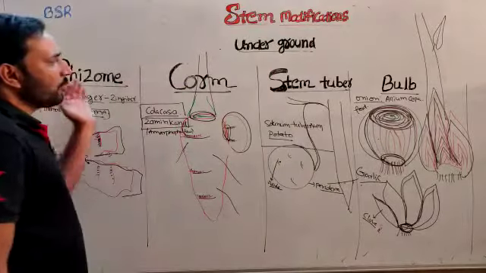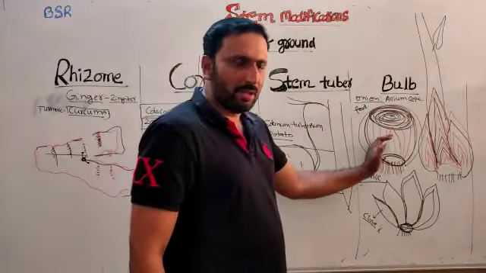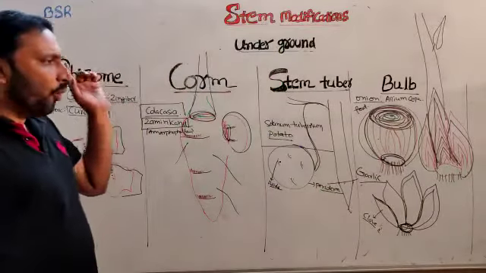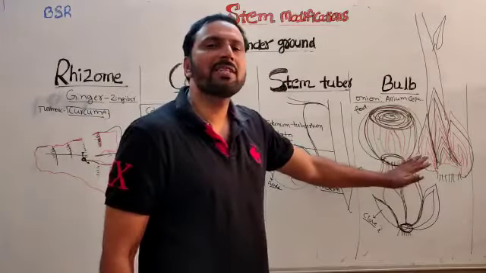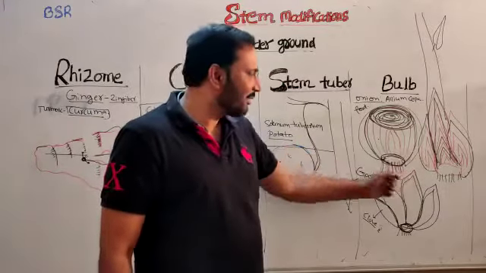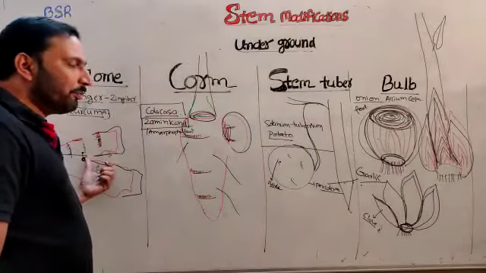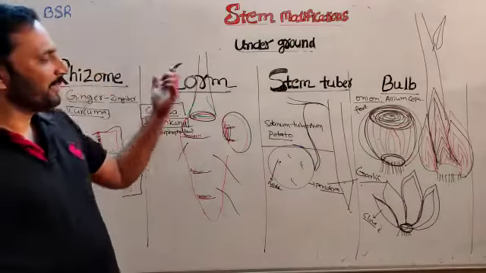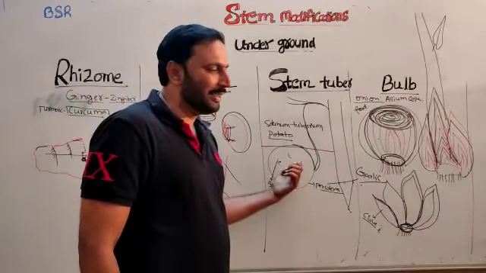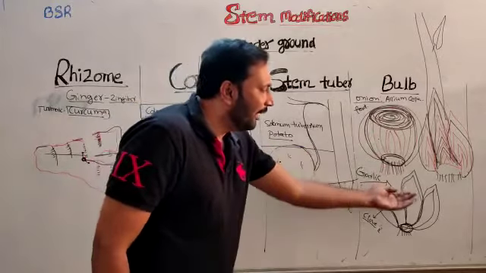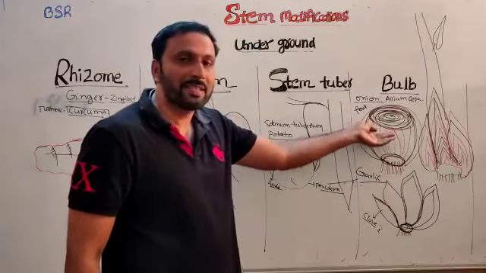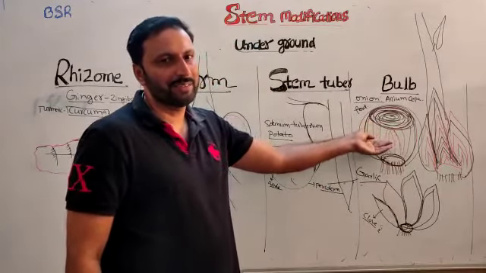Among these underground stem modifications, the unique one is bulb, because here the stem stores food materials, and either scale leaves or leaf bases store food materials.